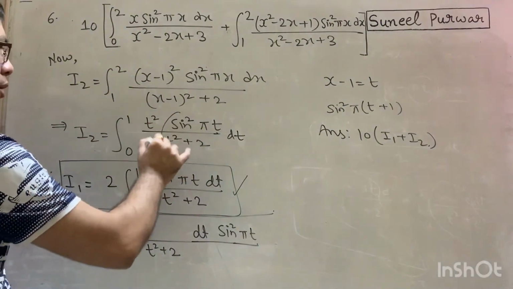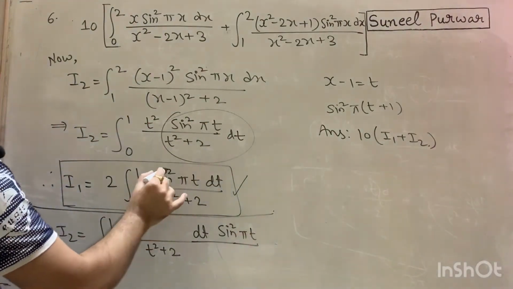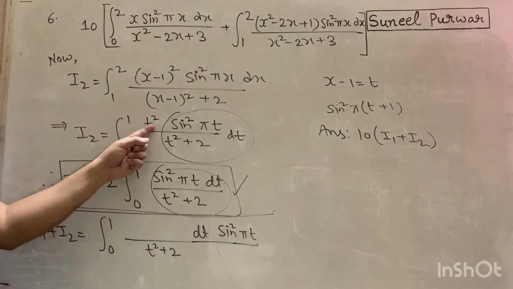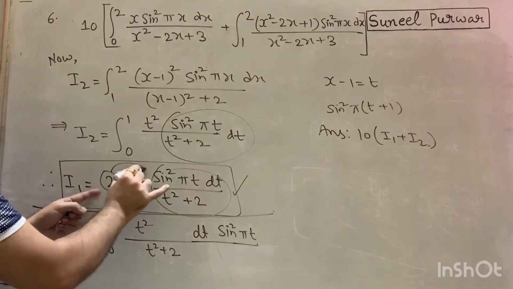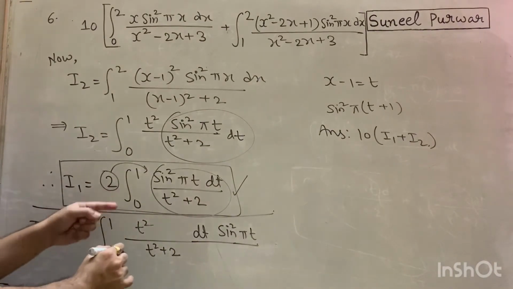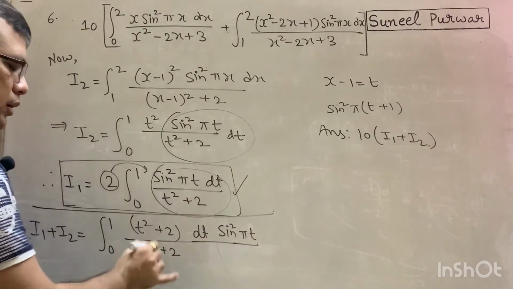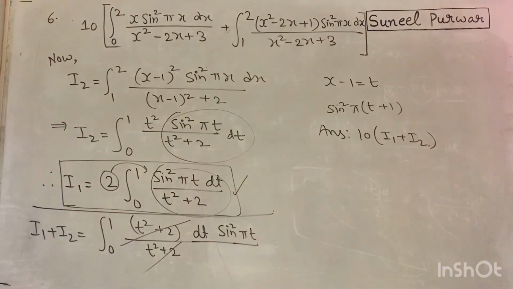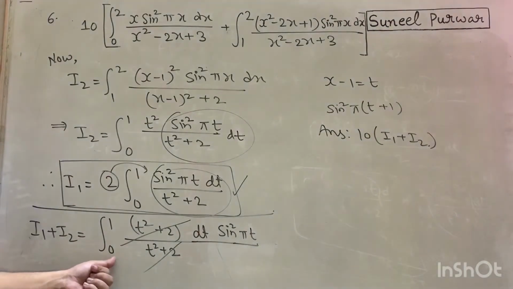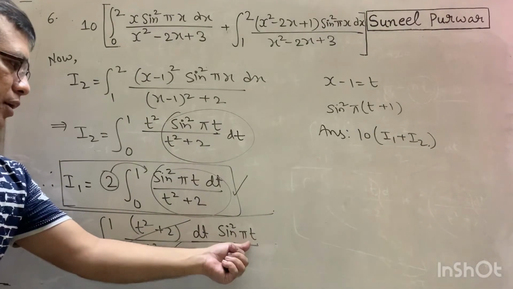Now after taking this quantity common, you see what is left there? t square here, and what is left here? 2. This 2 we can send inside, so plus 2. So some good news for us, this t square plus 2 cancels. So I1 plus I2 is nothing but integral 0 to 1 of sine square of pi t.